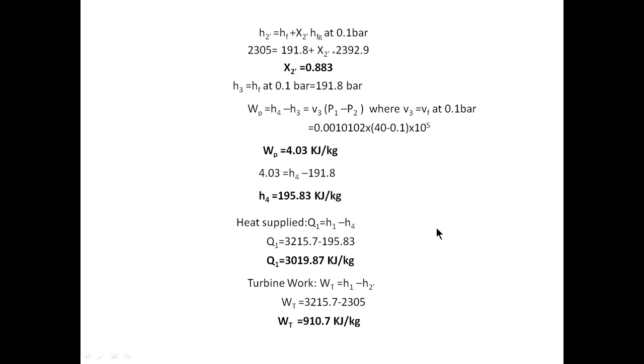Now that we have the turbine work and pump work, find the net work done, which is 906.67. Then the Rankine cycle efficiency, that is what is asked, is net work done divided by heat supplied. So we got Rankine cycle efficiency as 0.3, that is 30%.